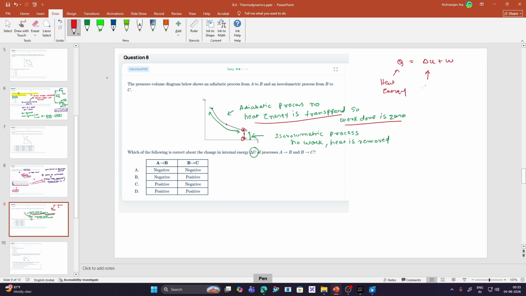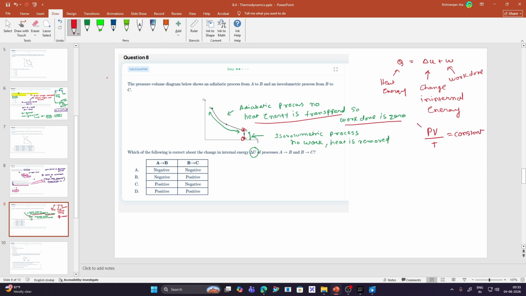Delta U is change in internal energy. And what is W? W is work done. Now we will be using one more formula, which is P times V divided by T is equals to constant.